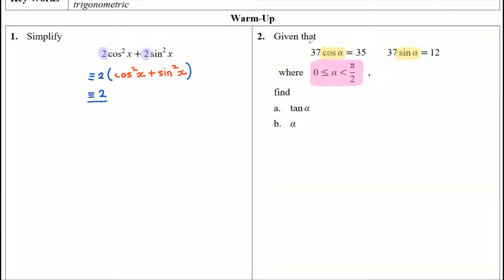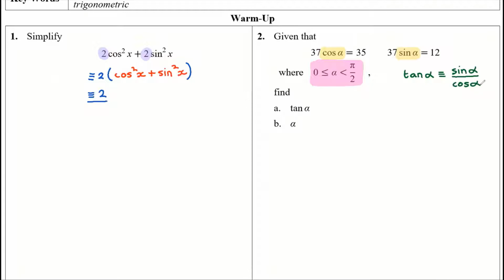We know that in this situation, or any situation, tan of alpha would be identical to sine alpha divided by cos alpha. All right. Okay, so let's see what we can do with this.